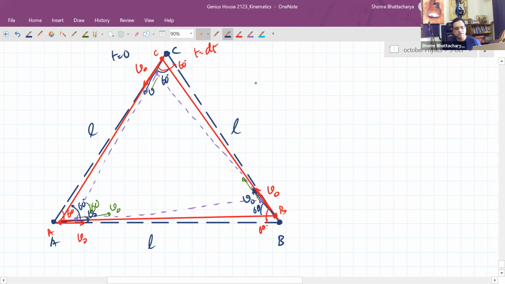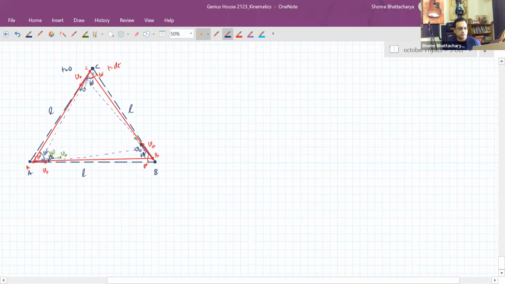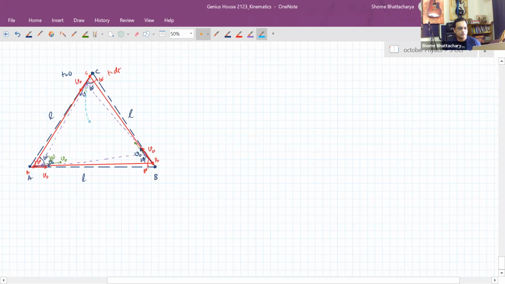So, basically what is happening is they are forming a diminishing sort of triangle. So you realize that the individual paths will be like this, some kind of curved path, till it reaches the centroid.